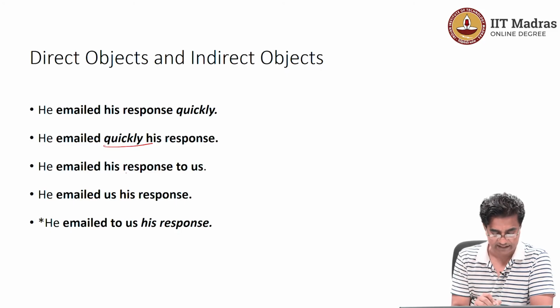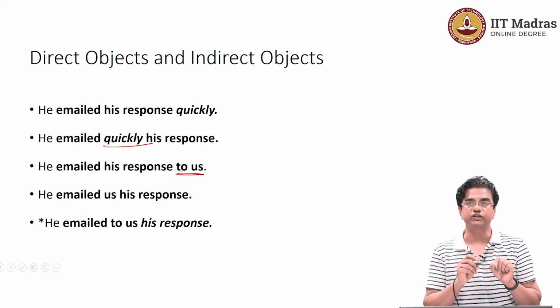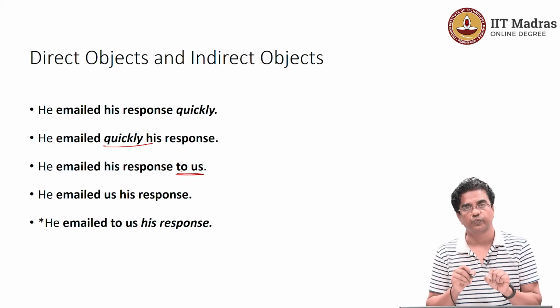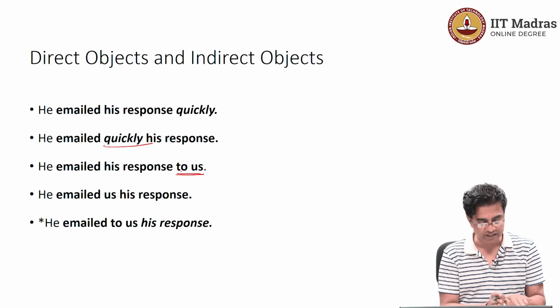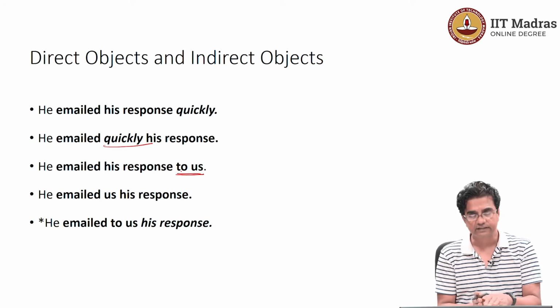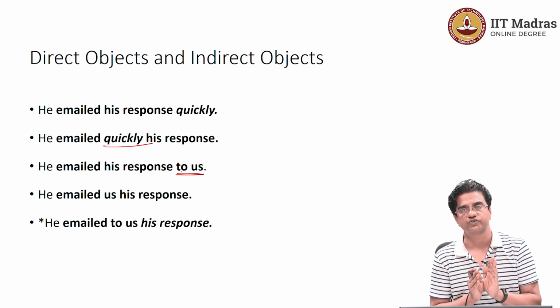He emailed his response to us. This is a good sentence, because whenever we have an indirect object with to, the direct object has to precede and the indirect object has to follow.